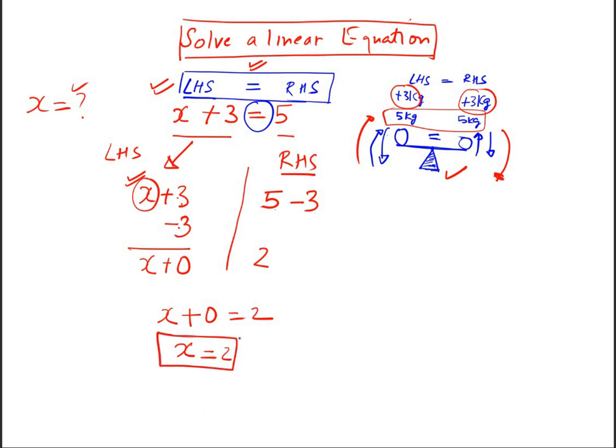So this is a very simple and basic principle of solving any linear equation, or in fact any algebraic equation. Always remember that the rule is that your left hand side at any given point should always be equal to your right hand side.